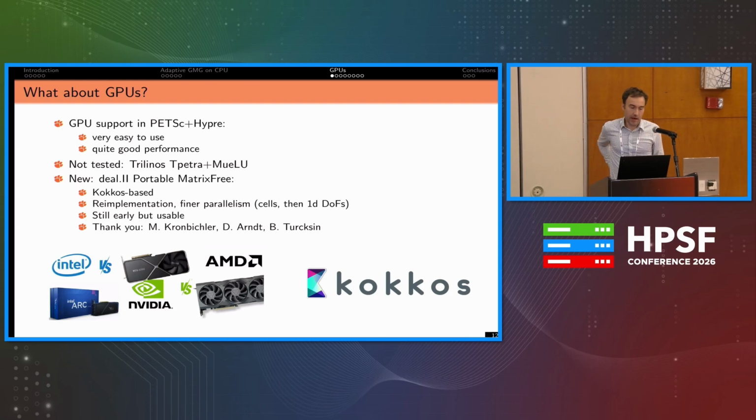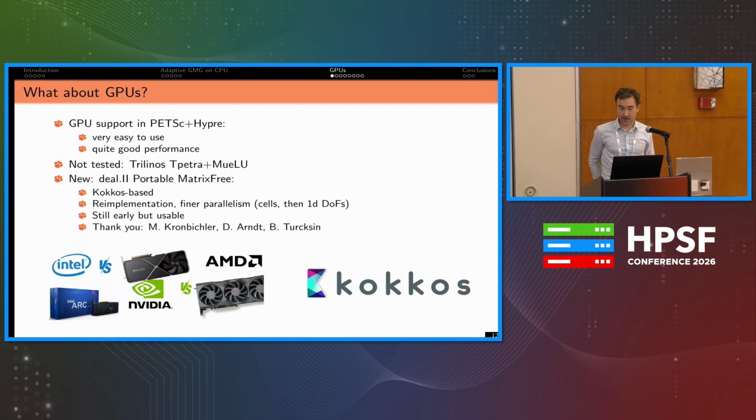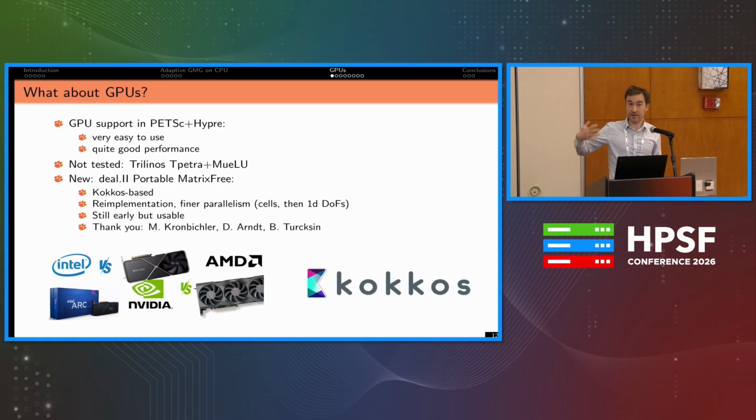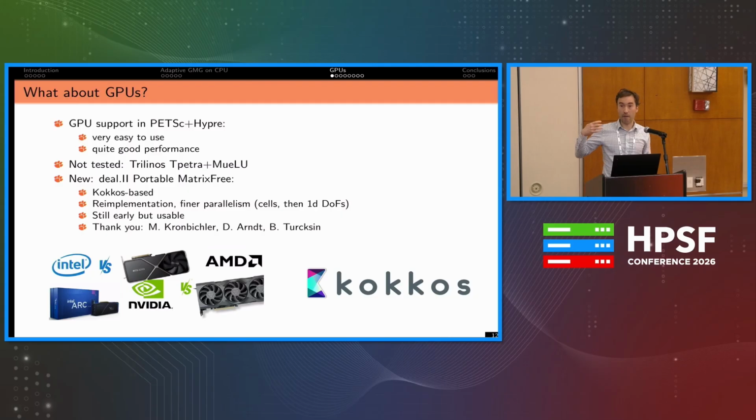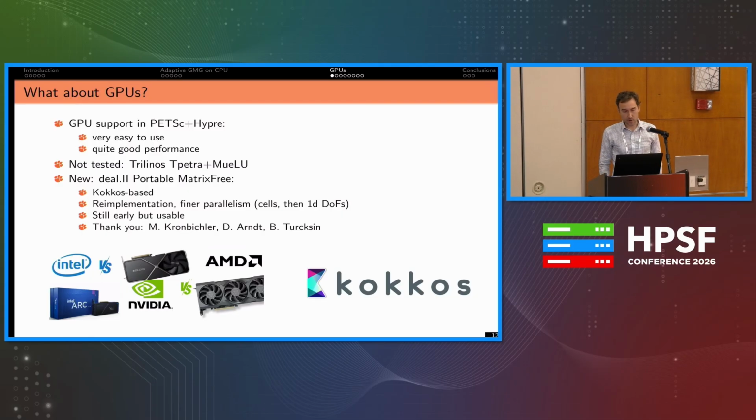And then we basically wrote a new matrix-free interface that includes a geometric multigrid, so it contains grid transfers and smoothers, and all these operations that you need to build this. It's built on Kokkos. We need more fine-grained parallelism.